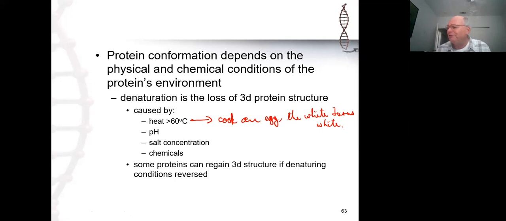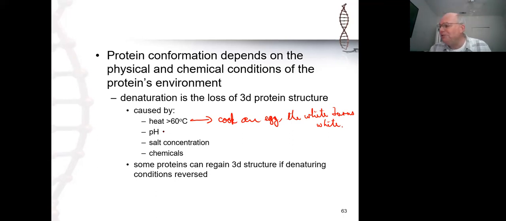It's a very concentrated solution of a protein called albumin. When you heat it, the albumin loses its shape, and it changes the egg white from something that was transparent to something that is now opaque. It's white in color. And you can't uncook it. This is an irreversible change to the protein because it's been denatured.